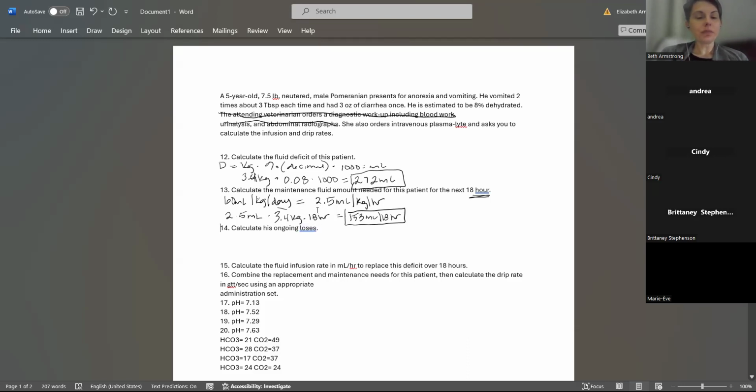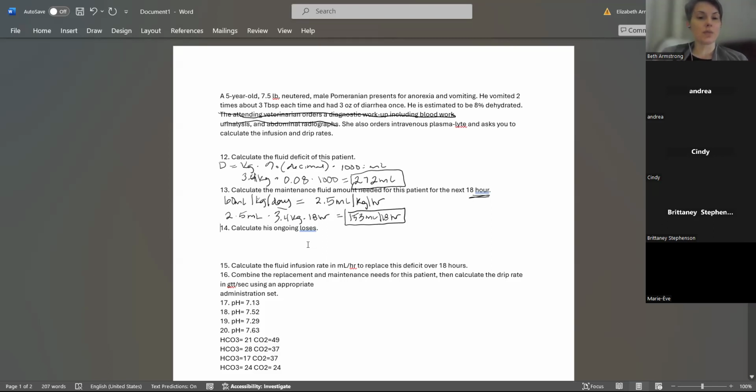However, it doesn't take into account ongoing losses of some sort, so additional losses that are not expected. Meaning if our patient is vomiting, if they have diarrhea, if they're sweating more than they normally do, if they're urinating more than they normally do, so excessive urination, those types of things. So that's our ongoing losses.